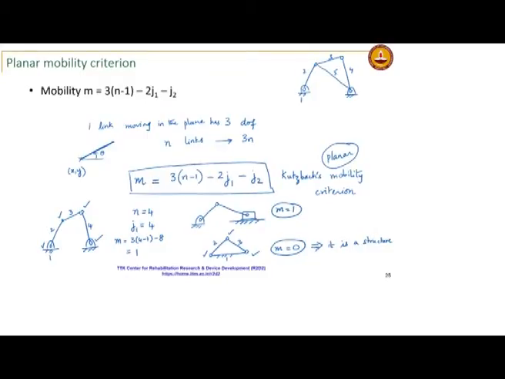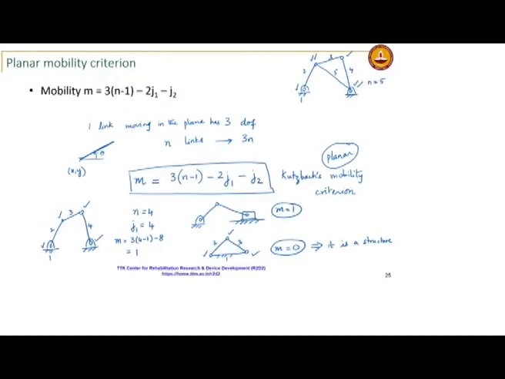What happens to it? I have n equal to 5, joints. Here, how many joints do I count? There is a joint between 2 and 3 and between 2 and 5. So, I have to make sure I count 2 joints there. Here there is 1, here again I have 2 joints.